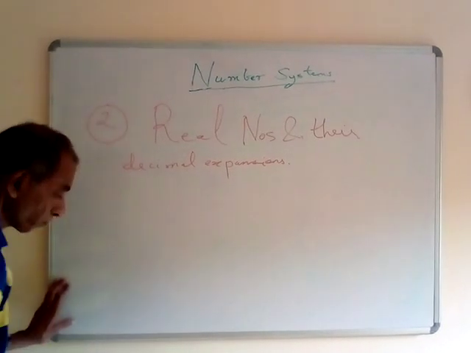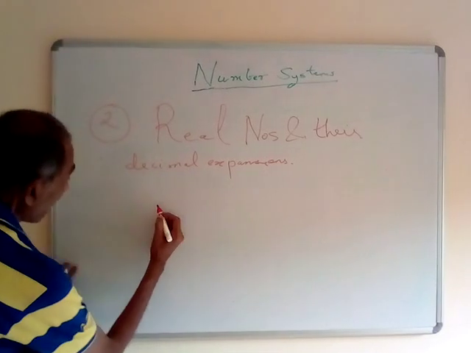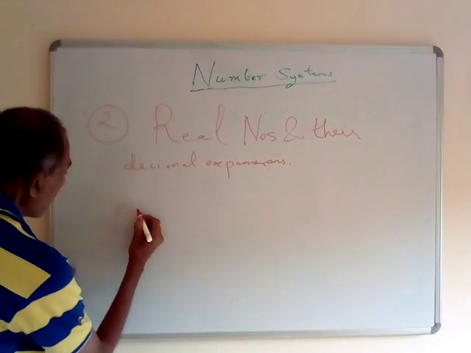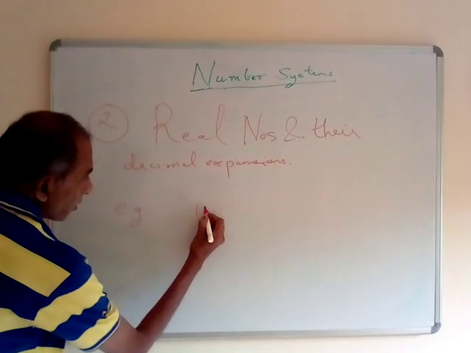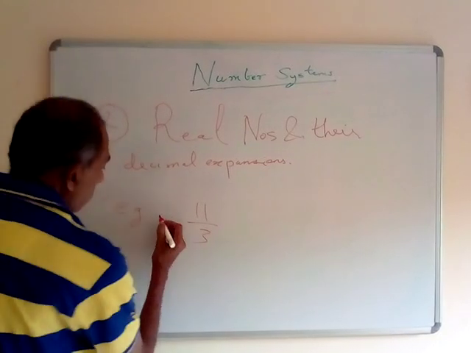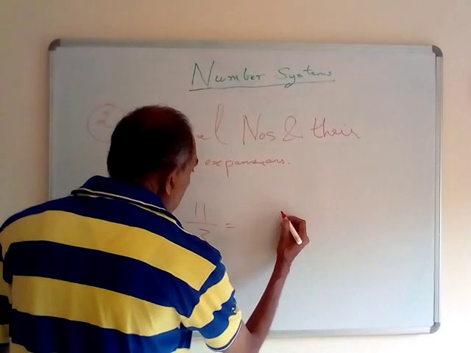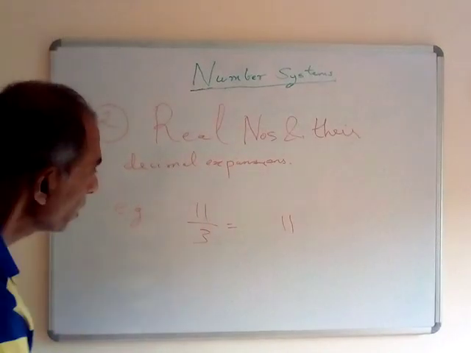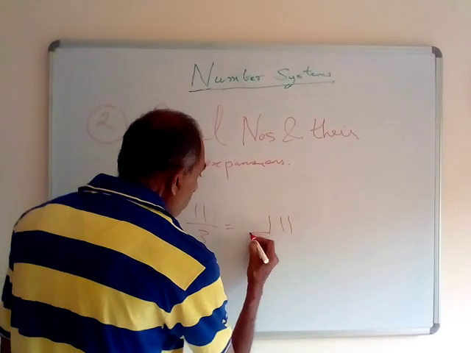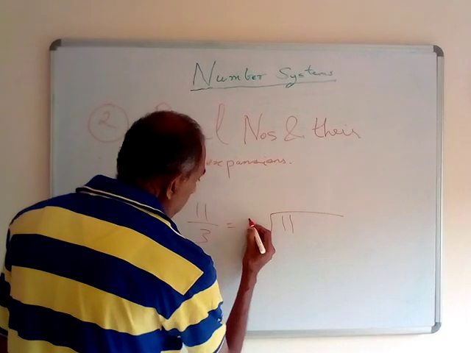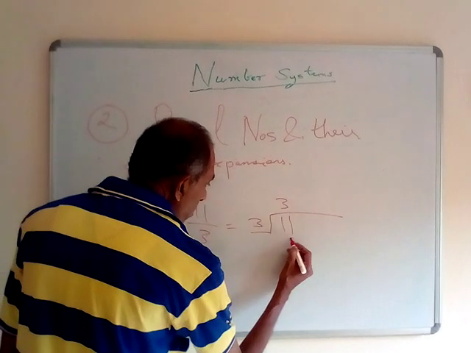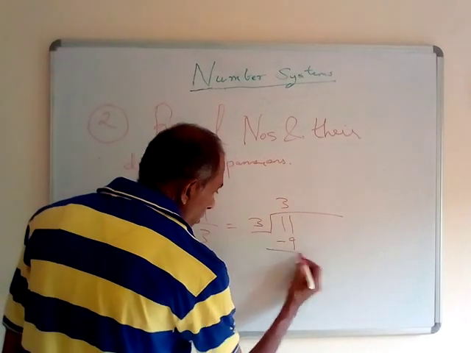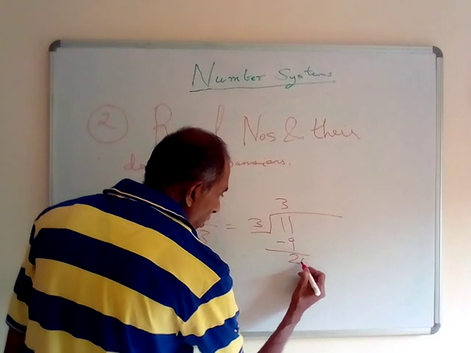Like 11 by 3. We'll try 11 by 3. So that is equal to 11 divided by 3. 11 is divided by 3. So 3 3s are 9, minus, remainder is 2. We bring a 0.